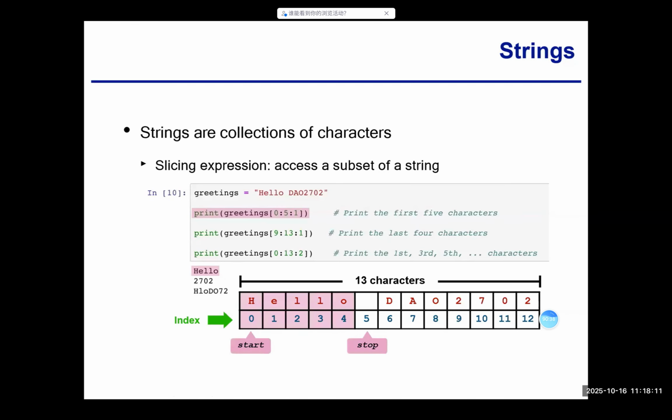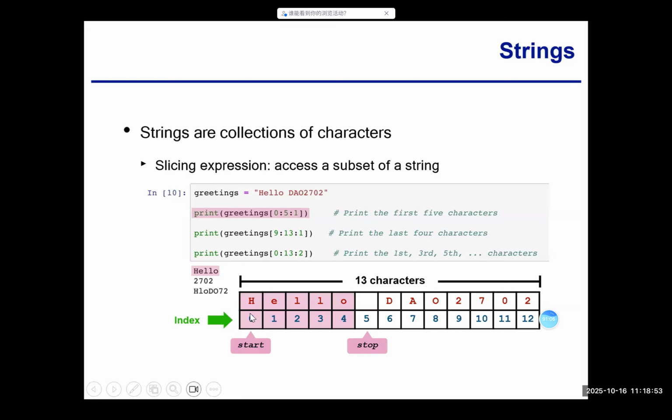Let's understand through several examples. In order to refer to a substring of the current string, let's take a closer look at 3 examples. We will start with 0, 5, 1. What does it mean? Let's plug in the definition. We start with index 0, which is the first element, included. We stop at index 5, which is the 6th element, but always remember, the stopping point is not included.